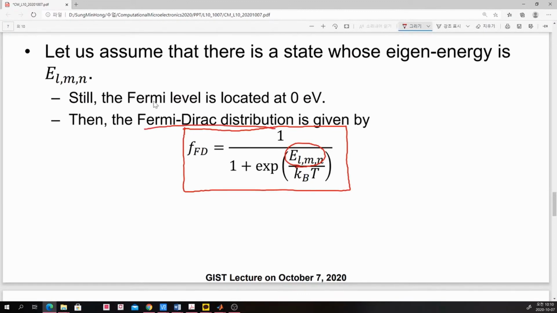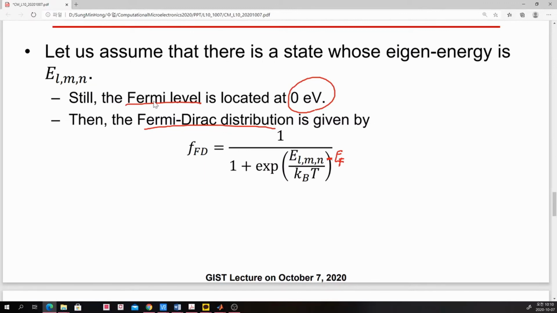Actually, we have to have minus EF here to be more general. However, under our assumption the Fermi level is regarded as the reference. So in this case, we can just count it.